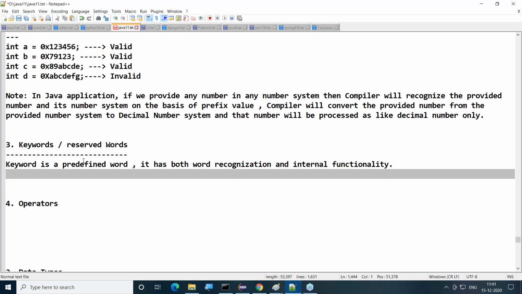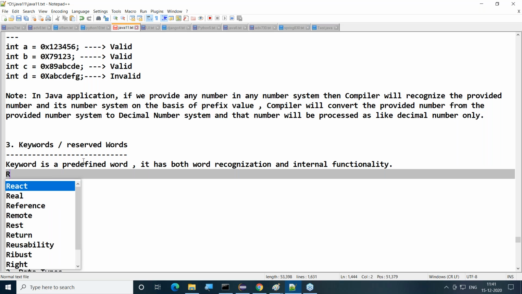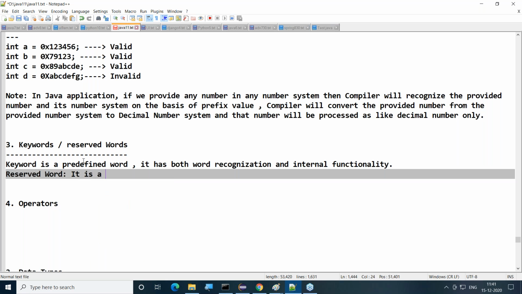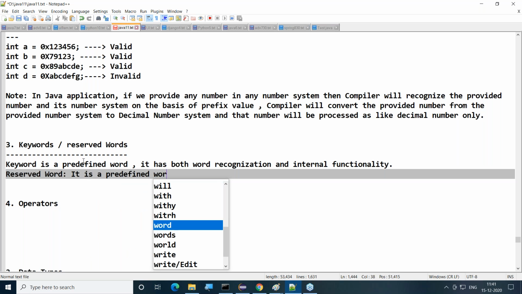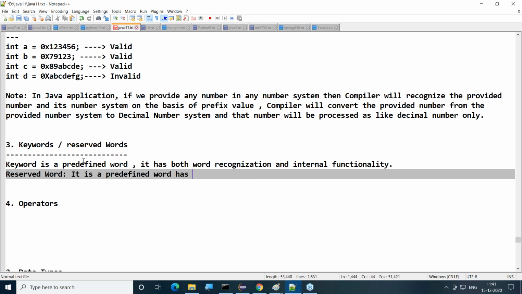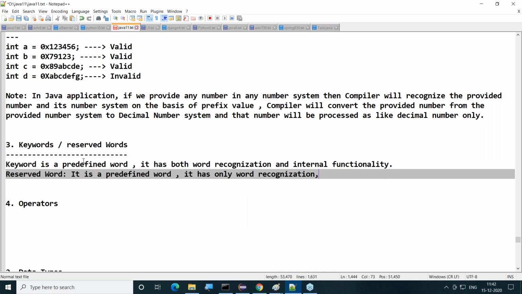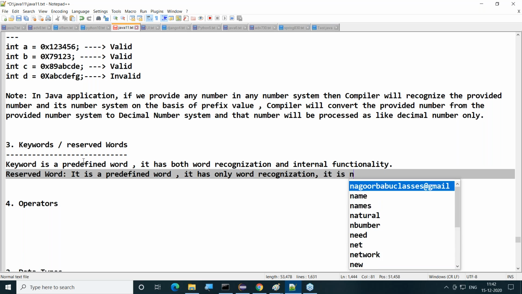But what is a reserved word actually? Let me check this one also. What is this reserved word? It is a predefined word. It has only word recognition.